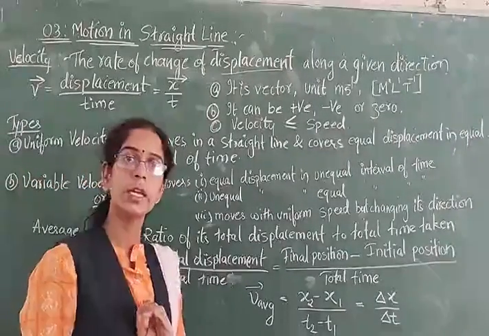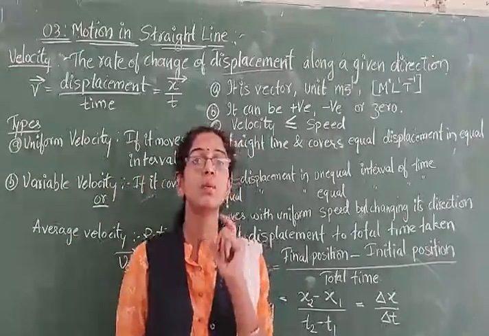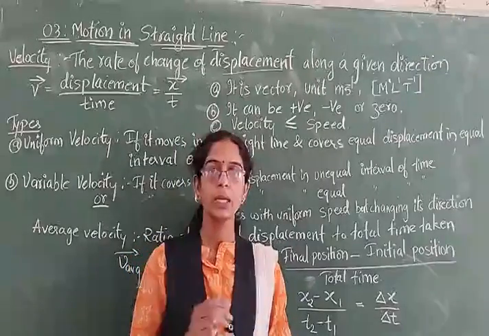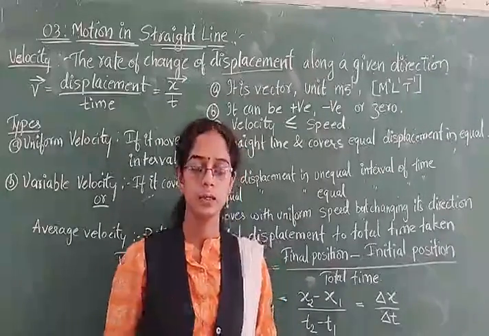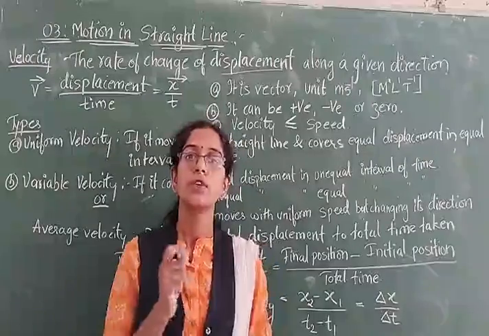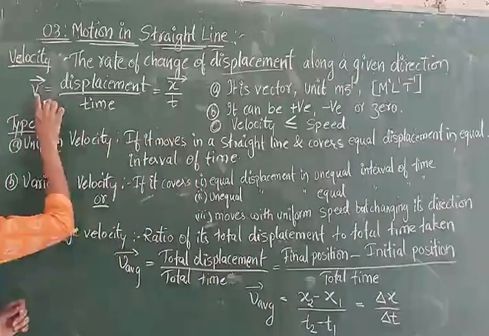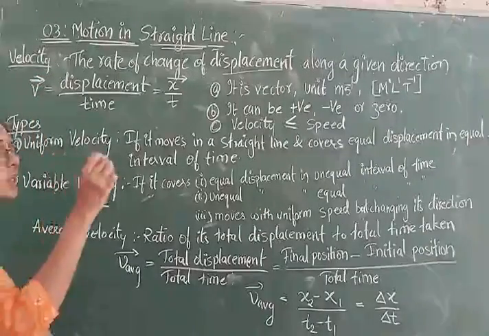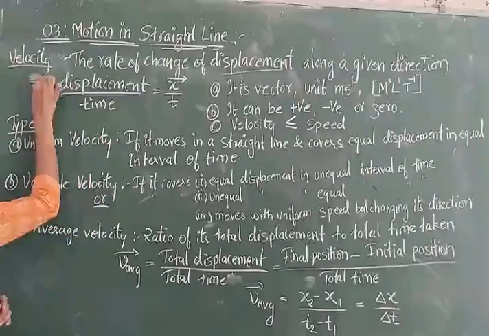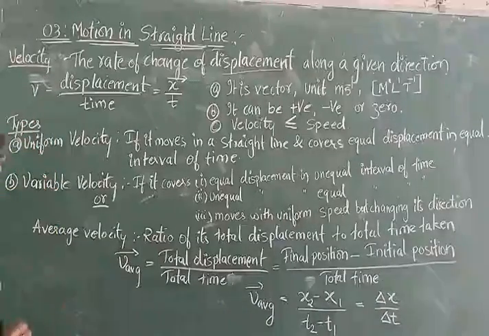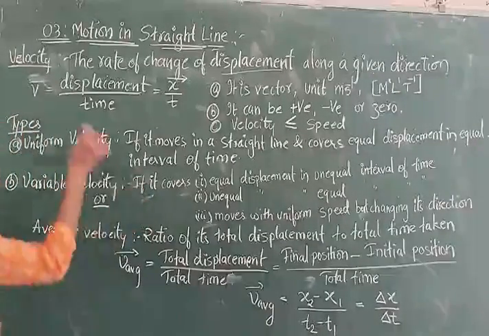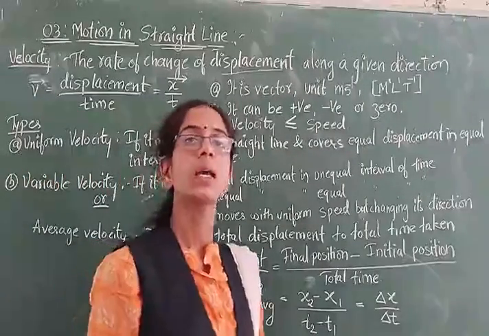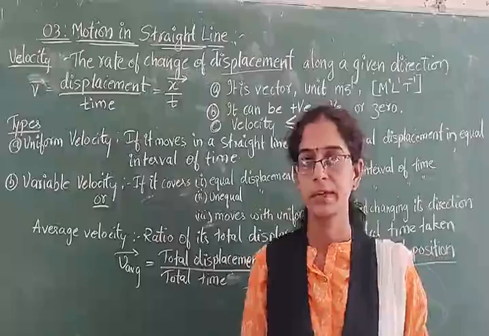In your NCERT textbook, they have used bold letters to represent vector quantities. But in other reference books, we can see a representation like v with an arrow mark, or sometimes just v bar. That will give you the vector quantities. So I will use the notation v bar here just to represent that velocity is a vector quantity.